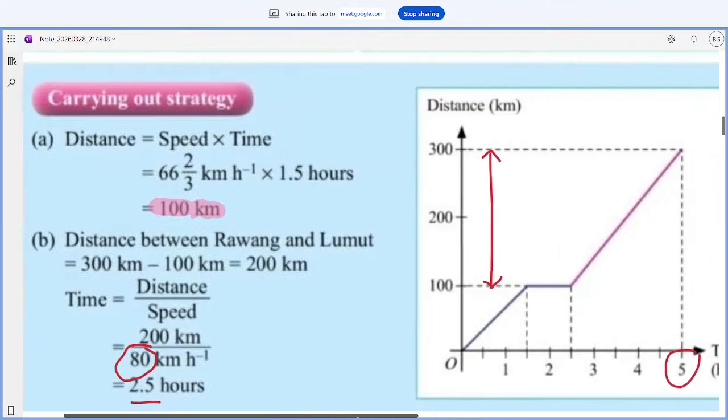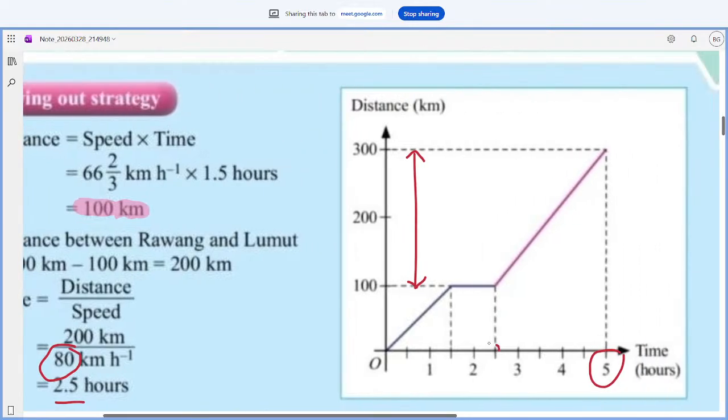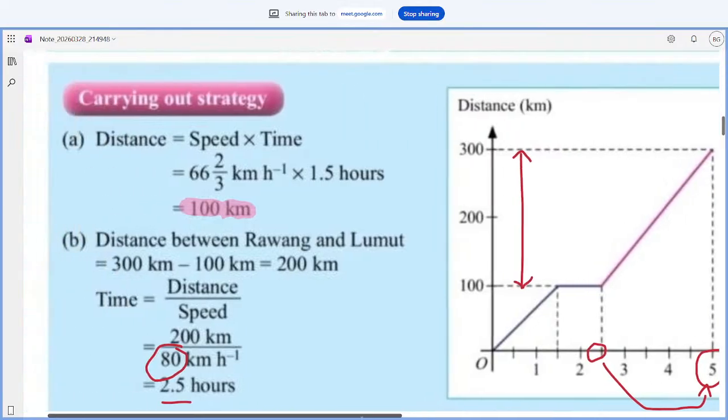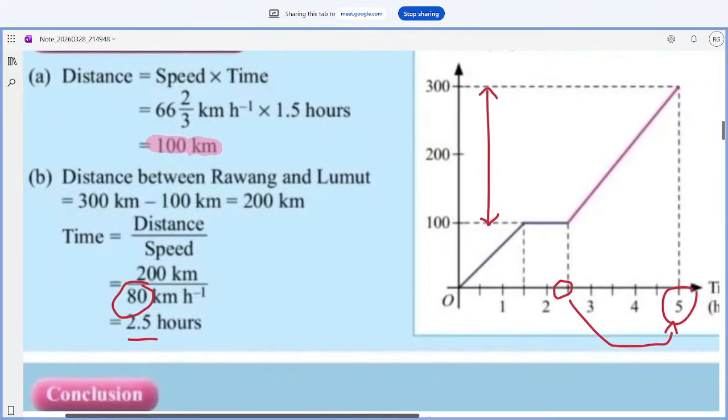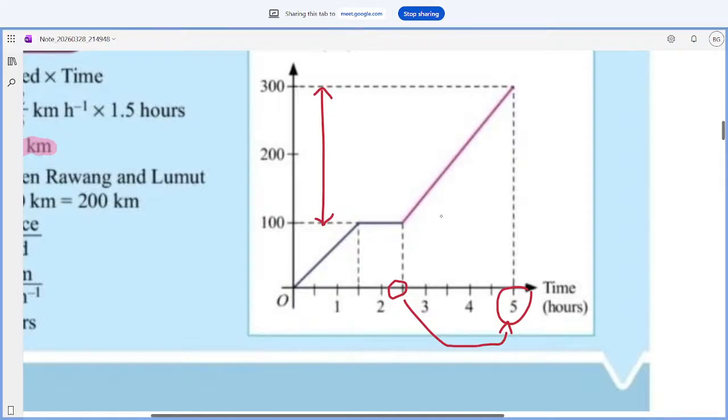Yes, 2.5 not 2. Dari 2.5 jadi 5, so tambah 2.5. Plus 2.5 hour. Can get the concept, guys, all of you clear how to draw the graph? Can? Boleh. Alright.